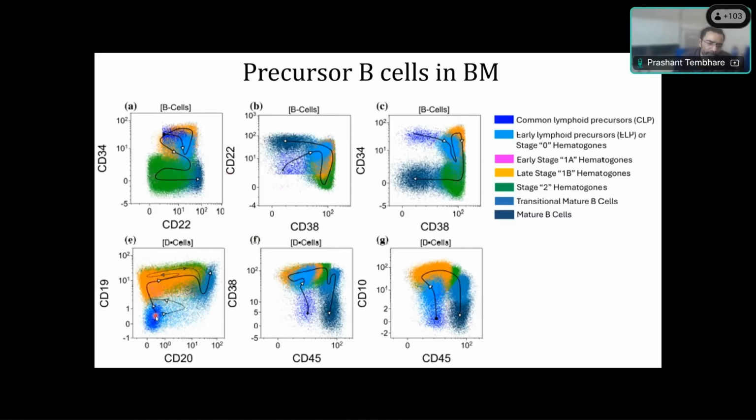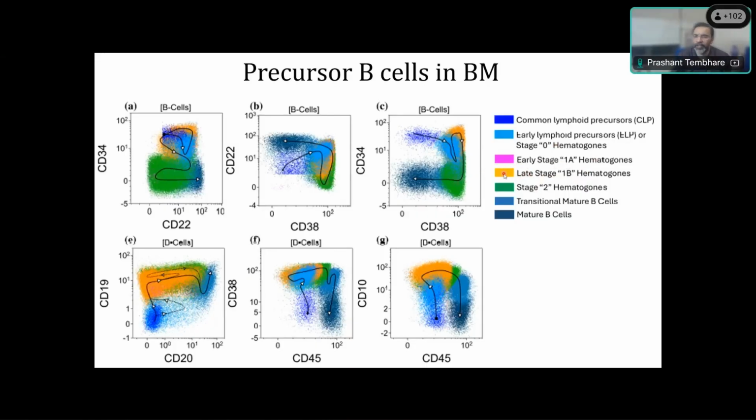Some of the cells which are CD20 positive die; the majority do not differentiate further. The cells which do not express CD20 gain CD19 and mature further. Orange color here indicates stage 0, and then stage 1 hematogones. There is a very small population, the early stage 1 hematogones.